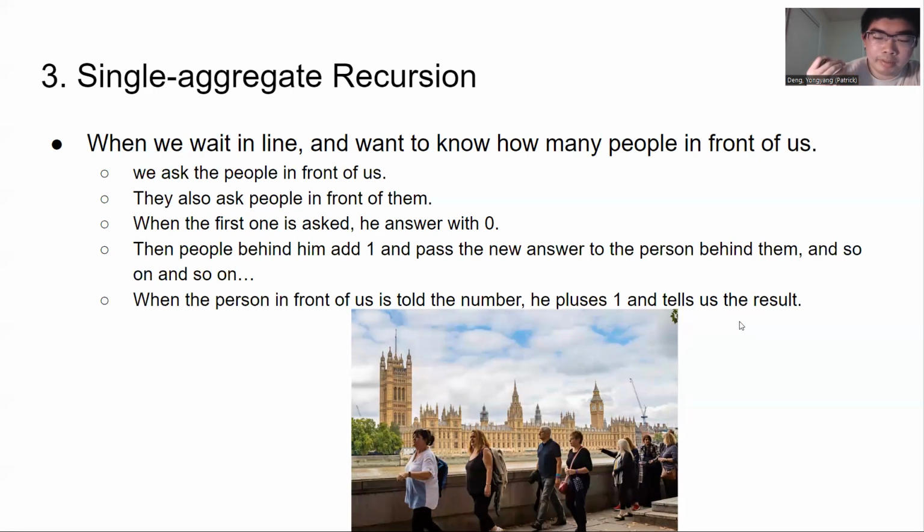Suppose the person in front of us knows the answer, and then he adds himself into the answer and returns the new answer to us. So then we also add 1, so that we know how many people are in front of the person in front of us, and then we will eventually know how many people are in front of us. Yeah, so we get the number.